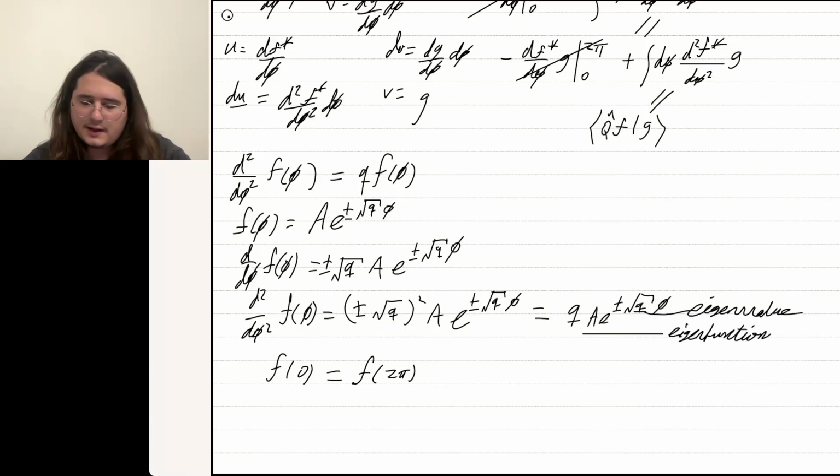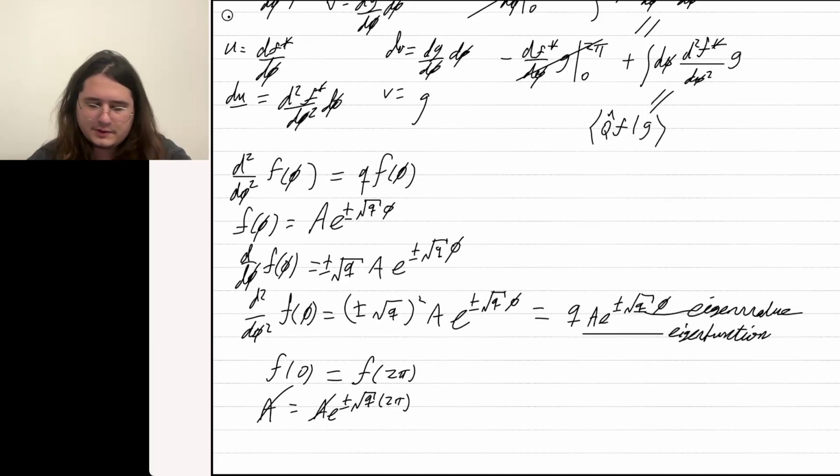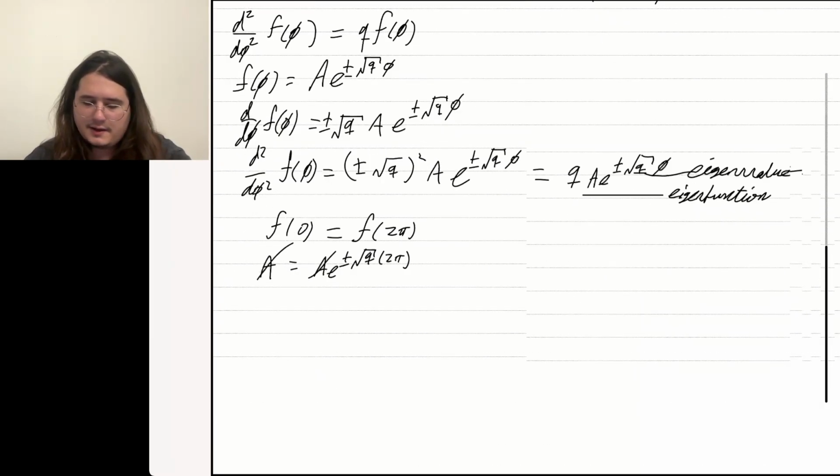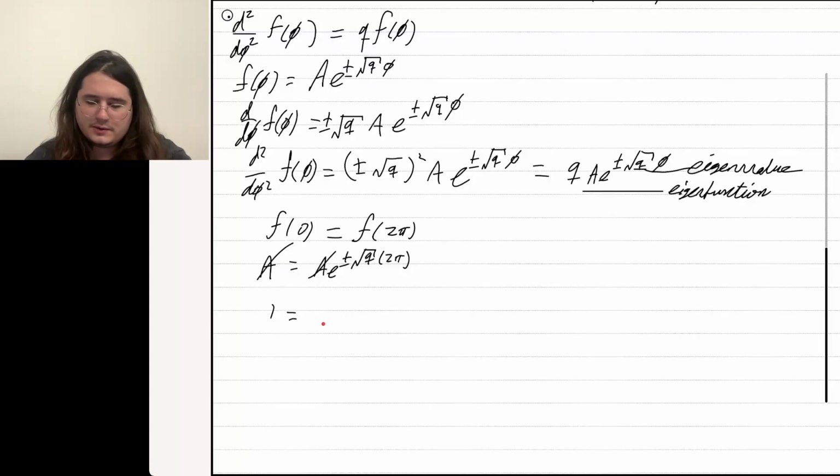So the left side would be a e to the 0, so it's just a, while the right side would be a e to the plus or minus square root q times 2 pi. The a's get canceled out, and so 1 would have to be equal to e to the plus or minus 2 pi root q.